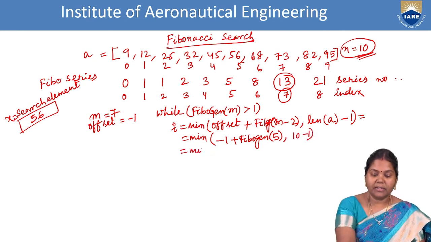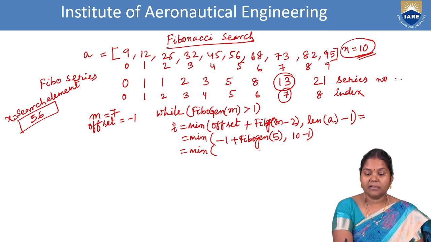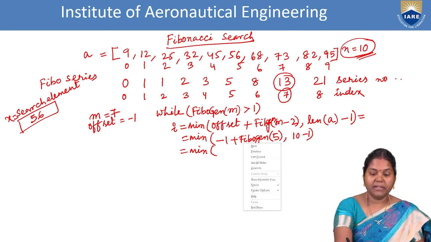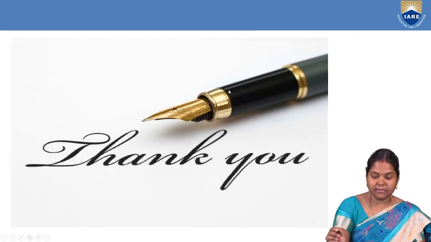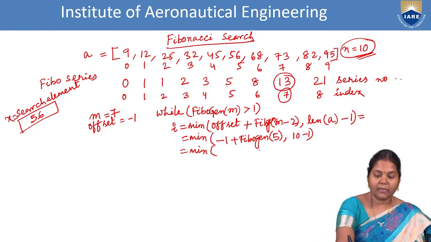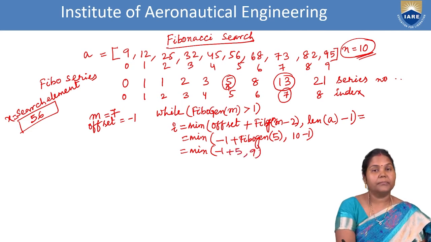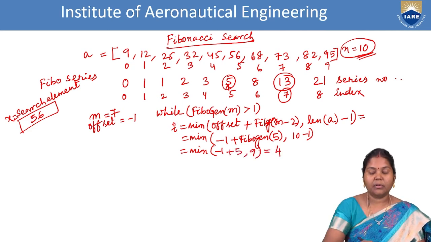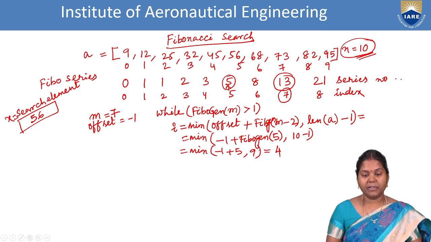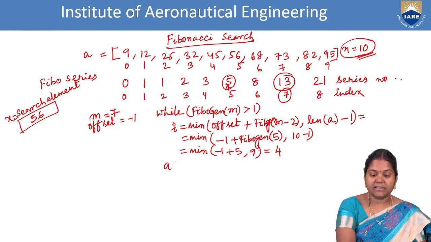So, minimum of Fibo generator of 5: at the 5th index, the value is 5. So, minus 1 plus 5, comma, 9. The minimum index that we got is 4. That means we should start searching at A of I, that is 4.